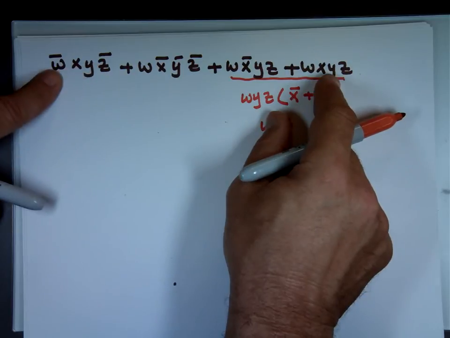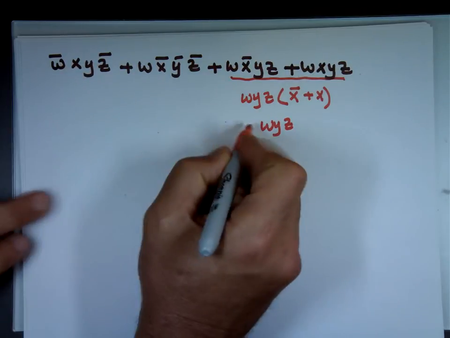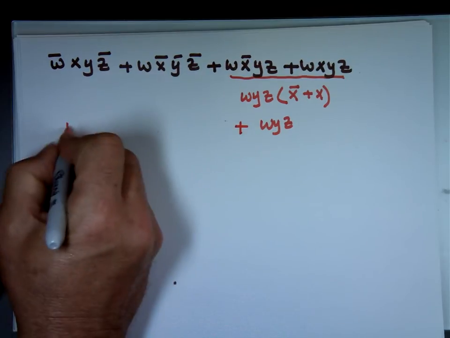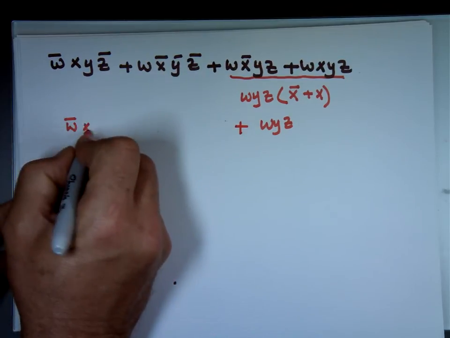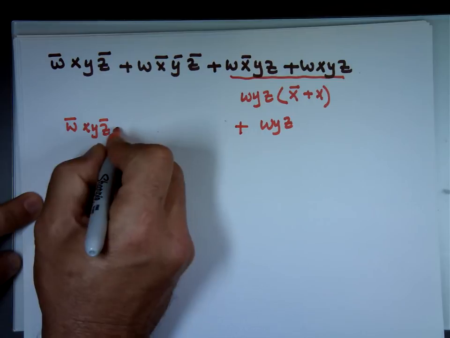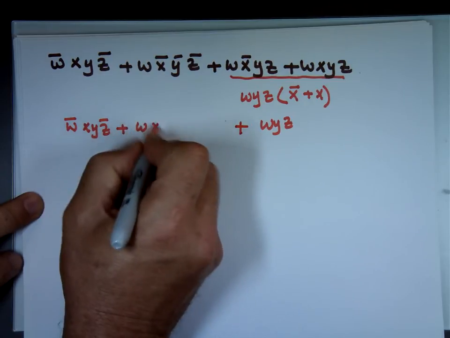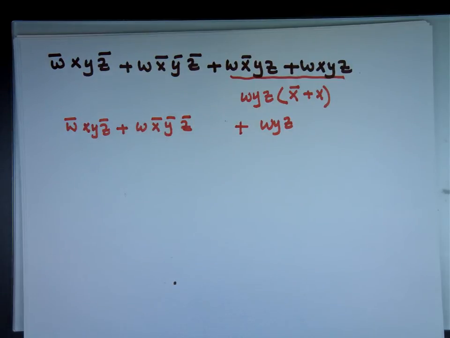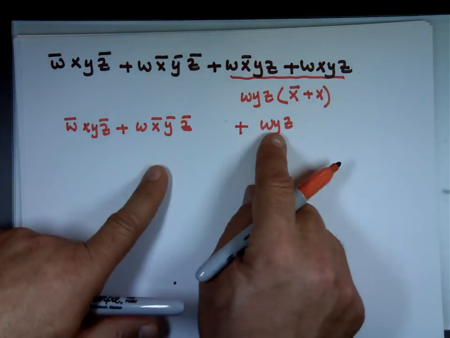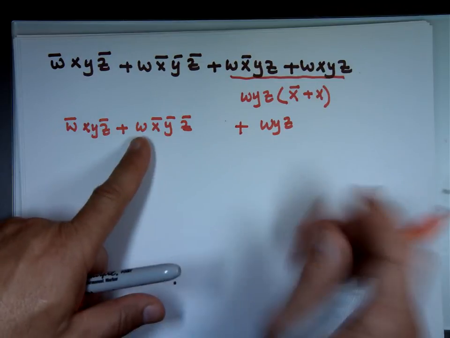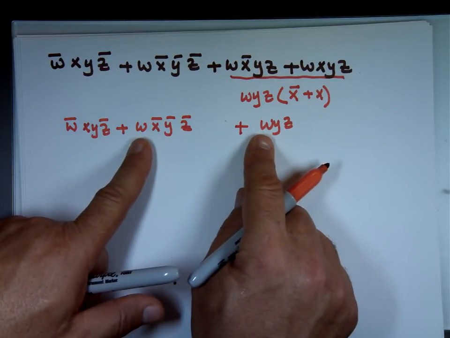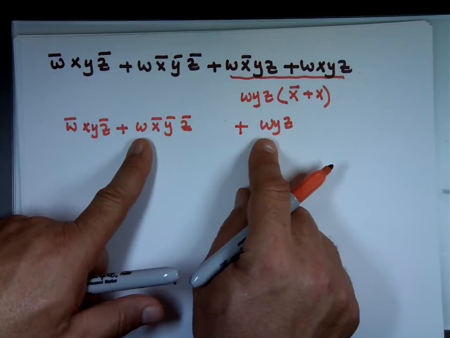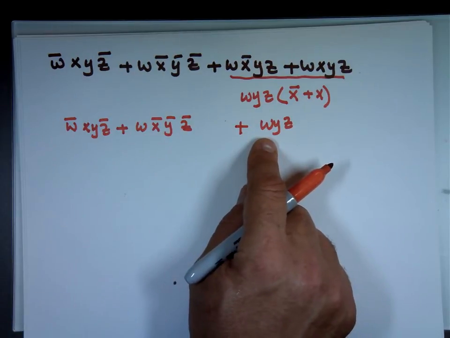So Dave's saying, how about these two guys? So if I bring the other two back, that's where I am so far. So instead of having 4 terms, I'm down to 3, and this has 3 inputs. And I'm looking to find anything. I see a W. What can I do here?